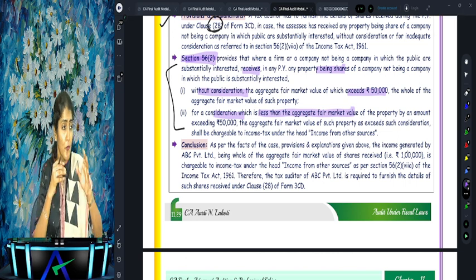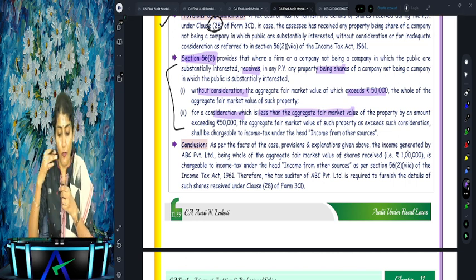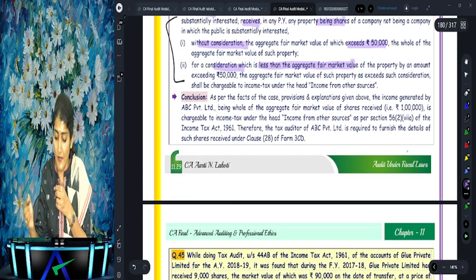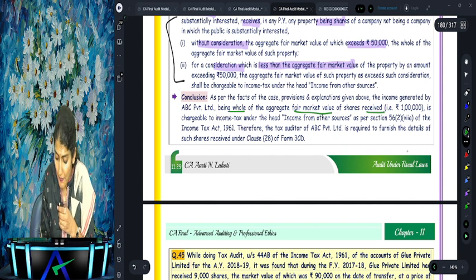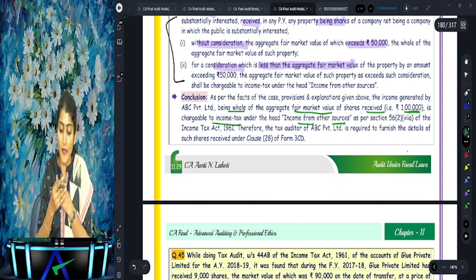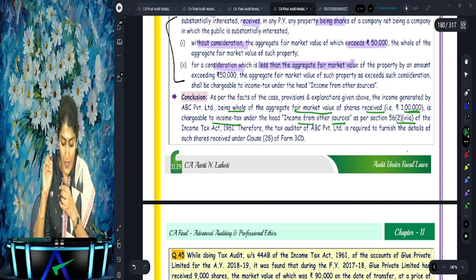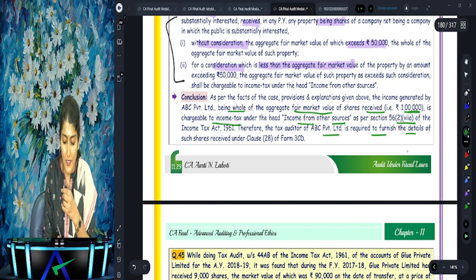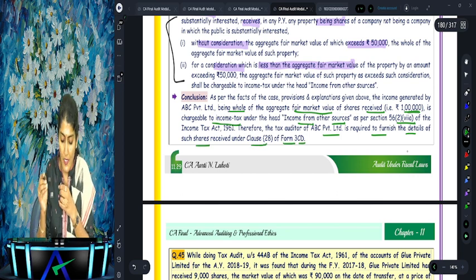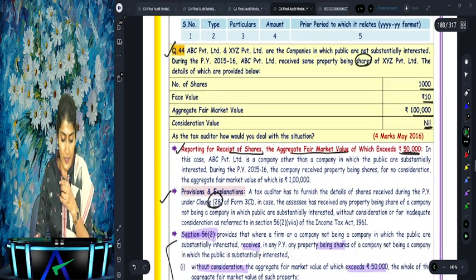As per the facts of the case, the aggregate fair market value of the shares, 1 lakh, is chargeable to income tax under the head IOS as per 56(2)(vii)(a) of the Act. Therefore, the tax auditor of ABC is required to furnish the details of such shares under clause 28 of Form 3CD. Is it clear to everyone?